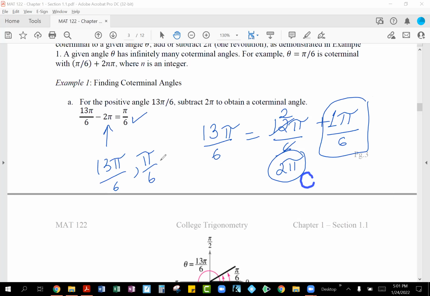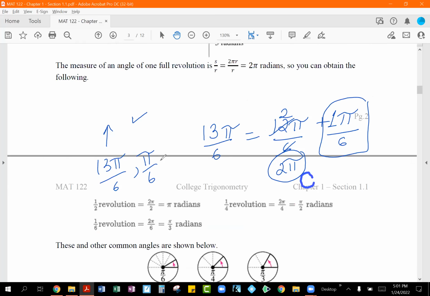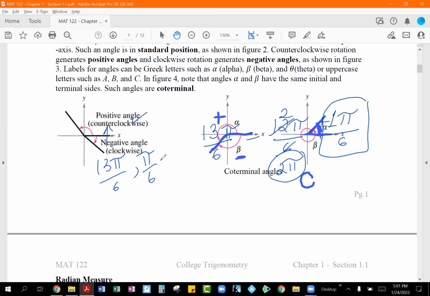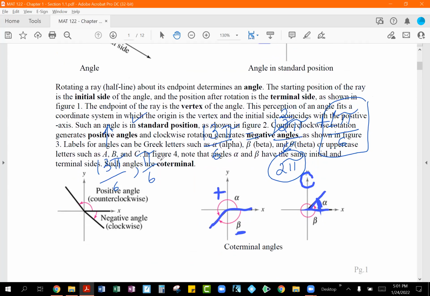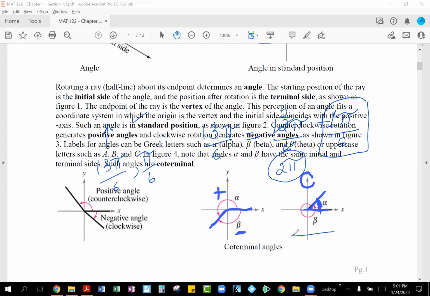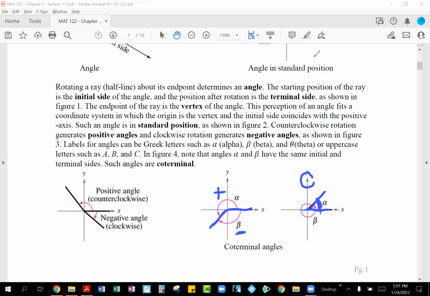This would be a situation like what we saw on that right-hand side, this little diagram over here, because that means you've gone around a full circle. So that's what we're doing in that example: going in the same direction, but subtracting that one entire circle to come up with the coterminal angle.